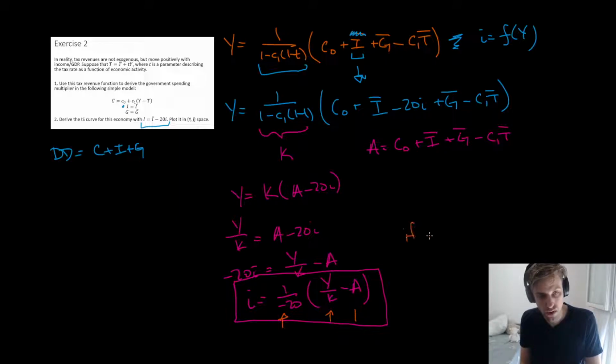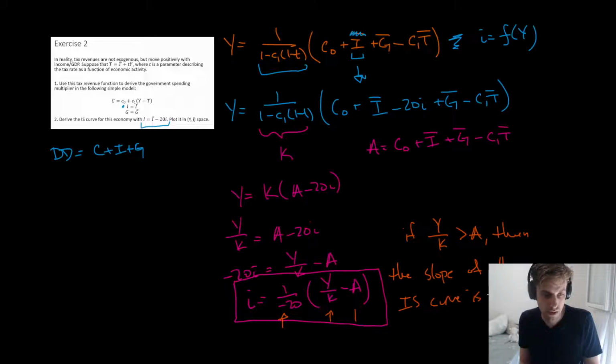If y over k is always bigger than a, then the slope of the IS curve is negative. And it is always bigger than a. You can show that. We could take this and plug in and work through the algebra, and you would see that it's true.